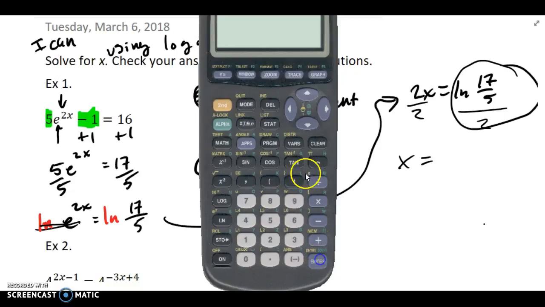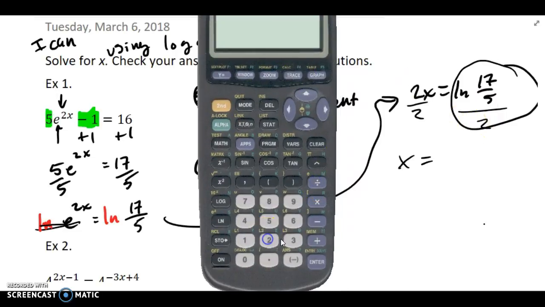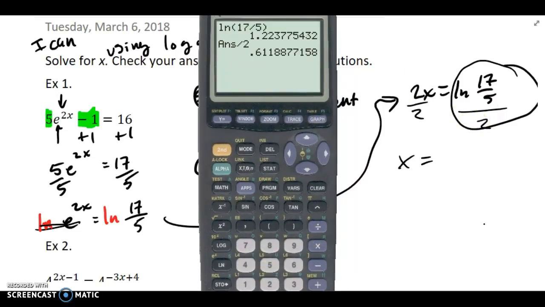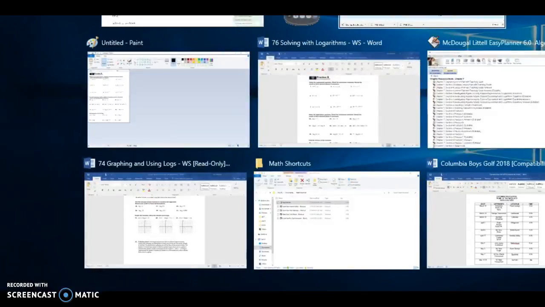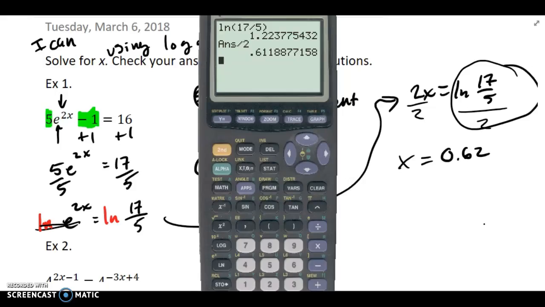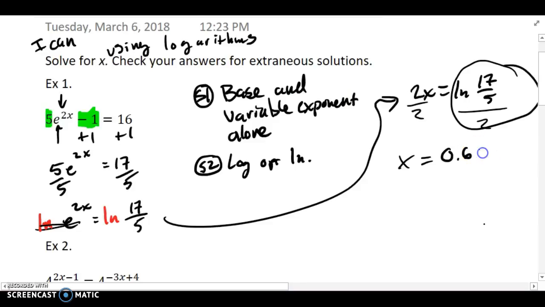So there it is, 17 divided by 5. And then I'm going to divide that by 2. So that's going to be our answer. So it's going to be 0.62, I believe. No, 0.61. There was a rounding mistake. Sorry. There we go.